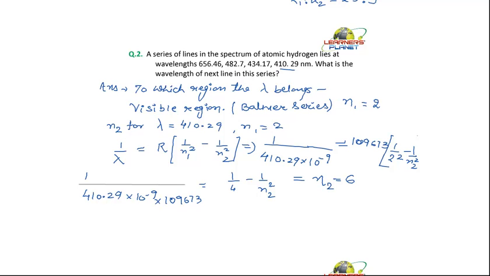That is, when the electron is moving from the 6th energy level or 6th orbit to the 2nd orbit, the wavelength of the light emitted is 410.29. Now students, what will be the next wavelength in the series?